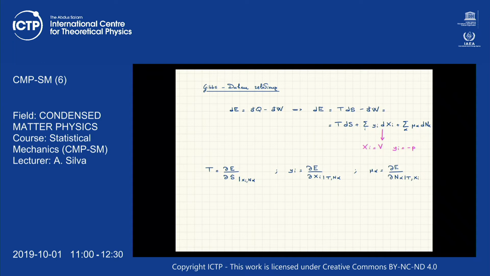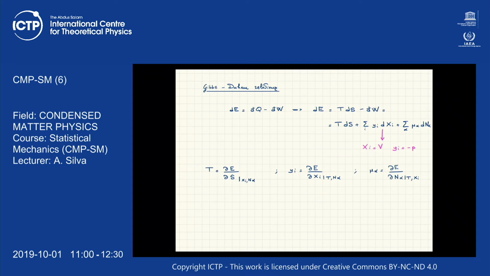And now, when I write things in this way, it's obvious that my energy is seen as a function of the entropy, of the xi, and of the number of particles, right? Because the differential is written in terms of these variables. Now, these variables turn out to be all the possible extensive variables you can dream of in a system, right?